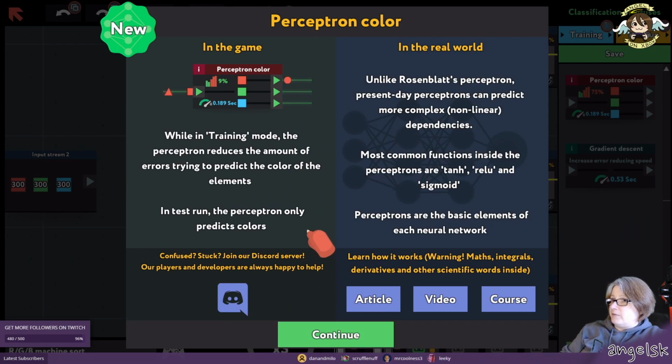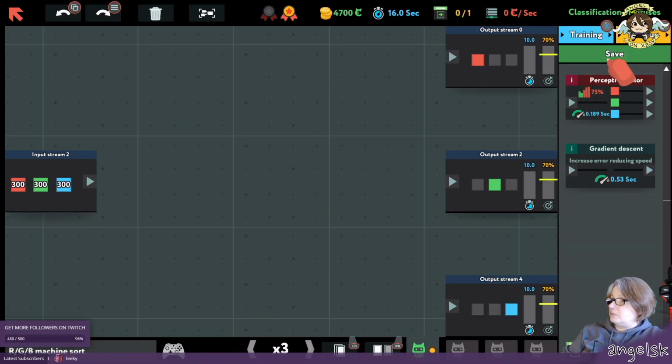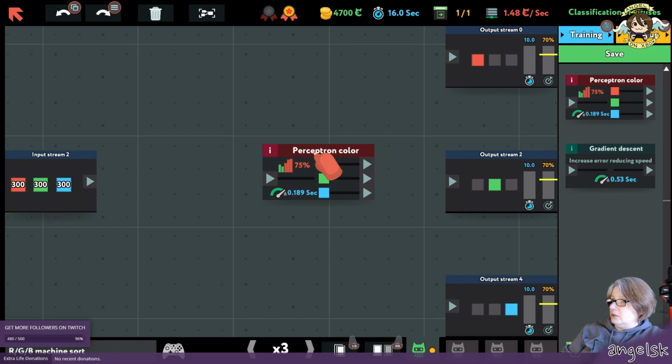Okay, we've got a perceptron for colour. And test run, it only predicts colours. Okay, so then we've got the Tar, Relu, and Sigmoid thing here. Okay, we only want one node, so let's train this to see if we can get a nice 9%.